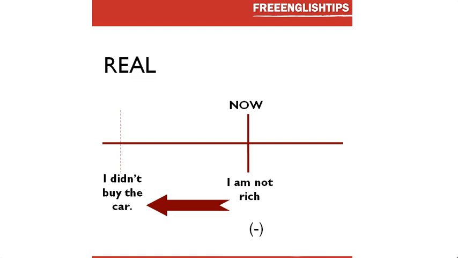Let's have a look. First of all, we need to consider that the real situation, now I am not rich, it's a negative sentence. I didn't buy the car yesterday is a positive sentence. When we make conditional sentences, we reverse these two. Let's check the answer. But now I'm thinking about an unreal situation. It's hypothetical.